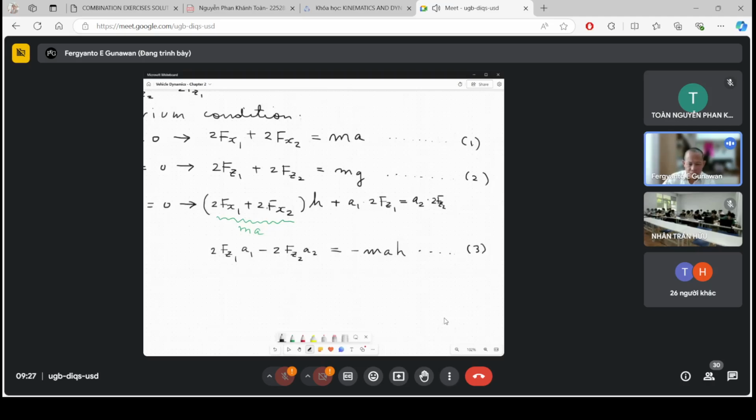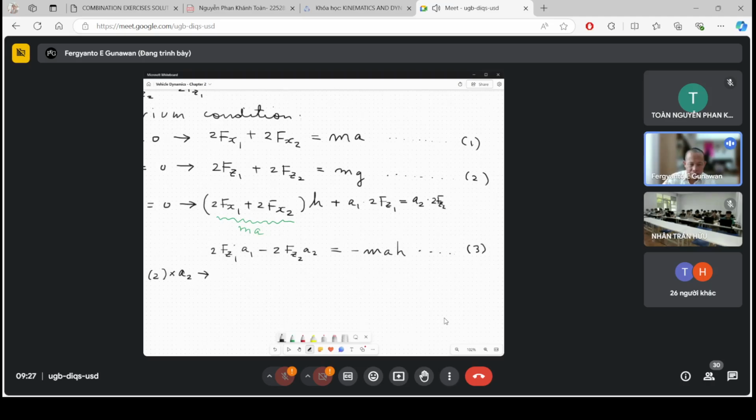Now we can clearly see that we can combine equation 2 and equation 3 to eliminate Fz2 and obtain Fz1. So what we are going to do now is take equation number 2 and multiply by a2.